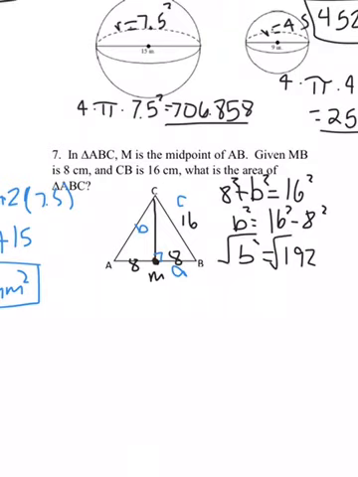Square root of 192, sorry, the calculator's not working, is 13.856.